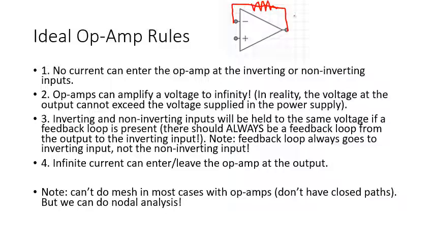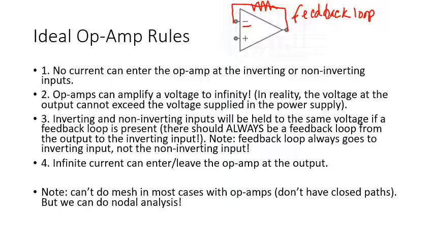But this is called our feedback loop. Okay, it should always go from our output to our inverting input, not the non-inverting input. It's really comparing the output to your inputs and making sure that our output doesn't just keep on going up to infinity or something.